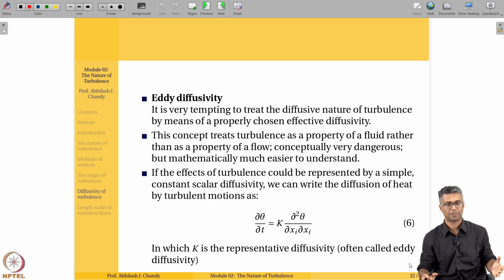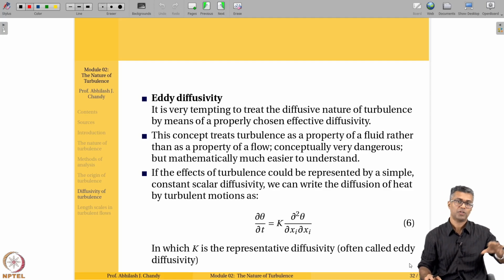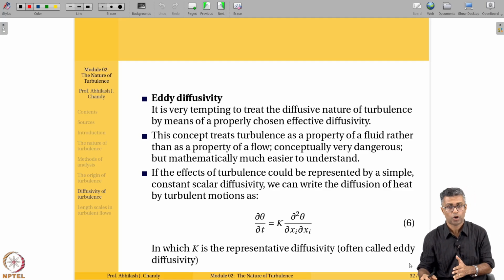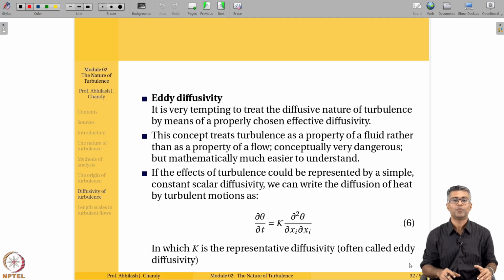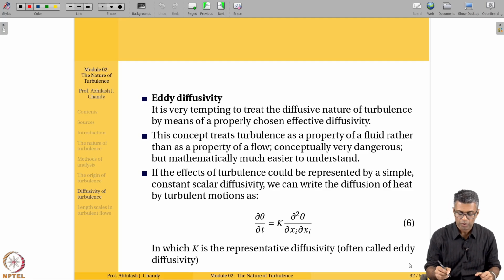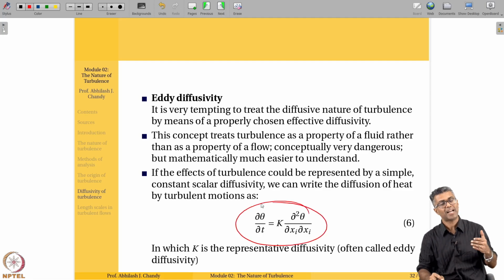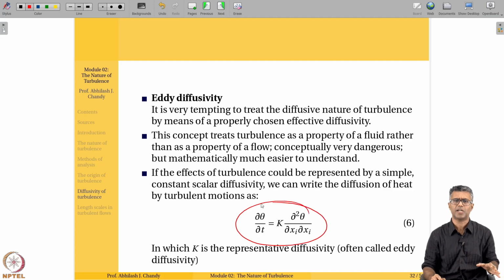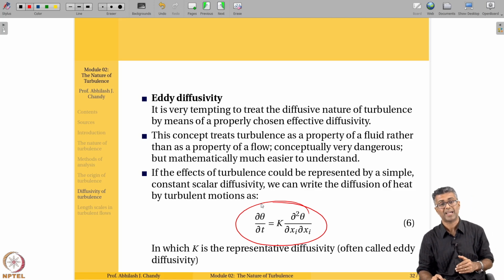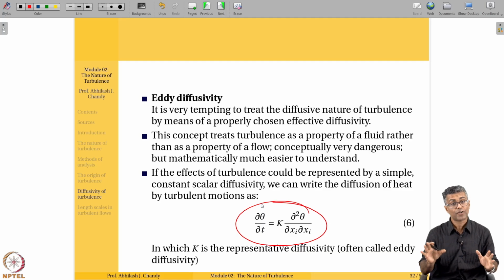It would be nice. Instead of using thermal diffusivity, which is obviously a property of the fluid and cannot be applied here, what if we could represent it by an effective diffusivity? Meaning, what if we could represent it by this equation here? Del theta del t looks exactly like the heat transport equation I had shown earlier, where only molecular diffusion exists. Instead of gamma, the thermal diffusivity, we are now representing it by K, some kind of effective diffusivity.